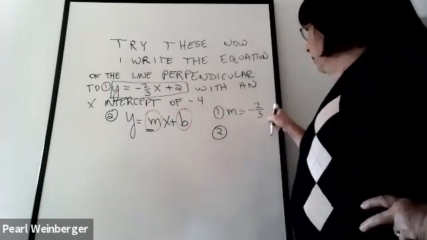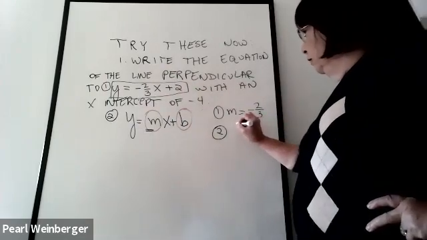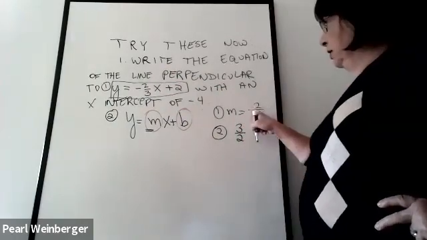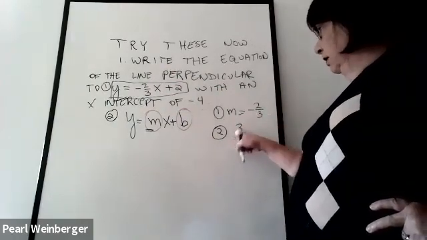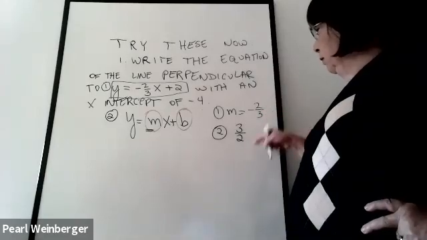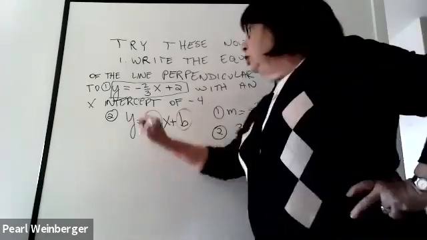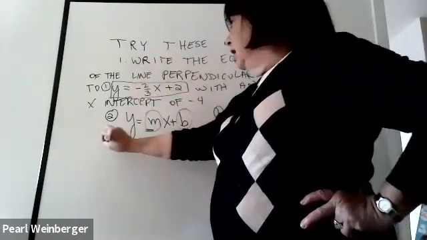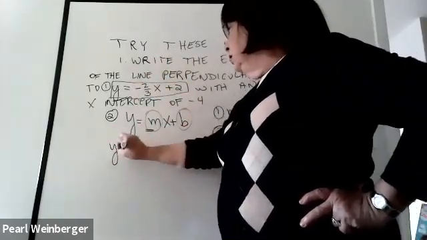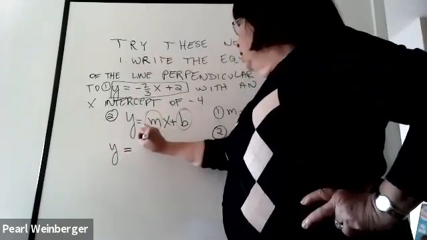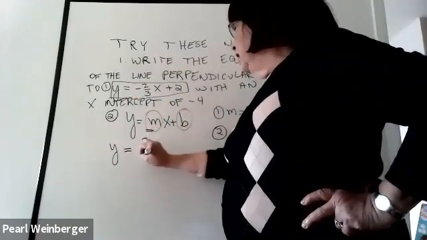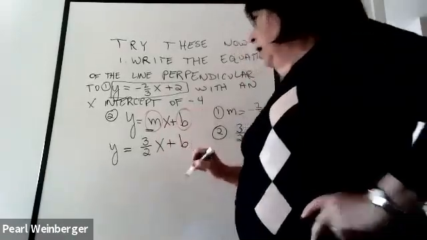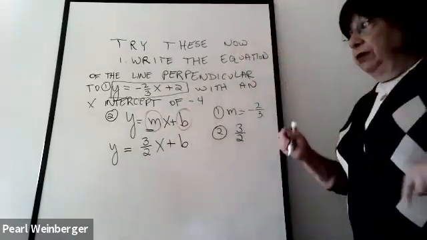So I have to flip this negative 2/3 over and change its sign. So this is negative, I'm going to make it positive, and the 2/3 will become 3/2. So for the line that's perpendicular to this original line, my equation is going to be y equals 3/2 x plus b. And I still have to figure out what the b is.